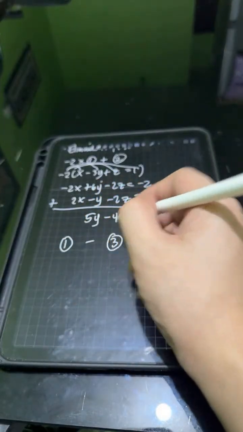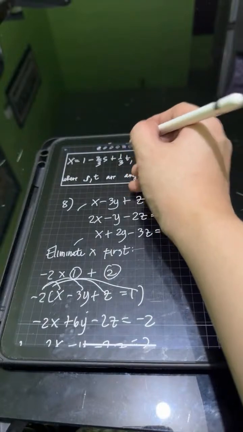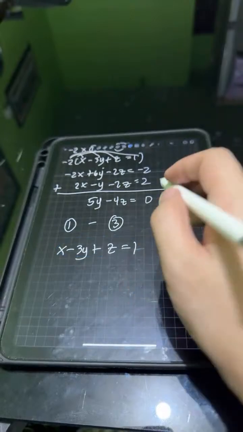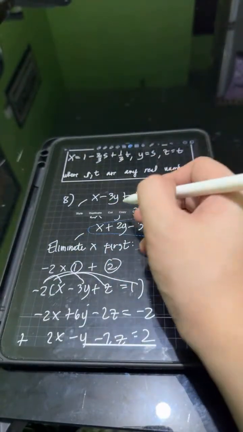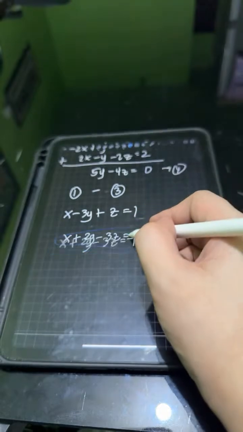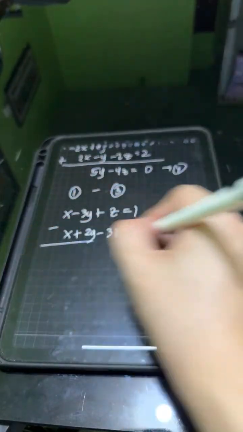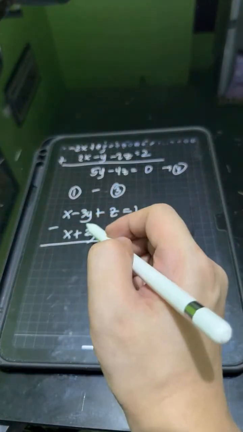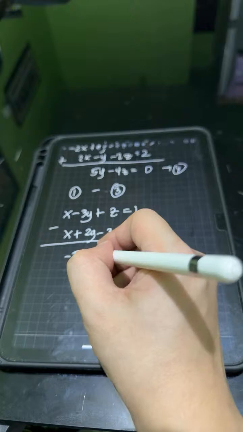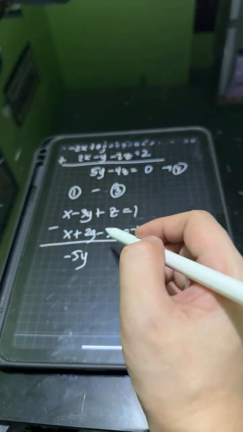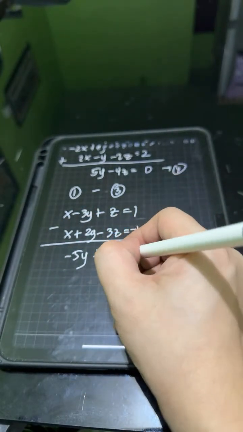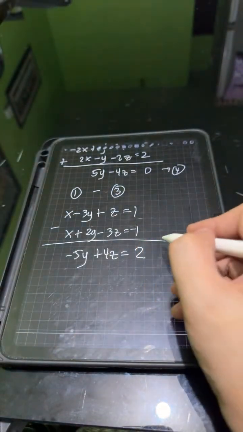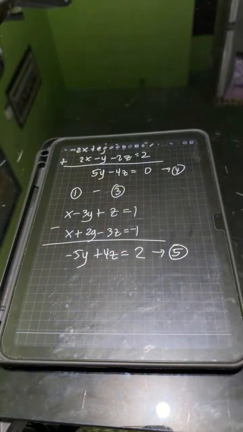So 1 minus 3, equation 1, let's copy, and then equation 3, copy. So subtract: x minus x, 0. Negative 3y minus 2y, negative 5y. z minus negative 3z, positive 4z. 1 minus negative 1, positive 2. Let's name this equation 5.